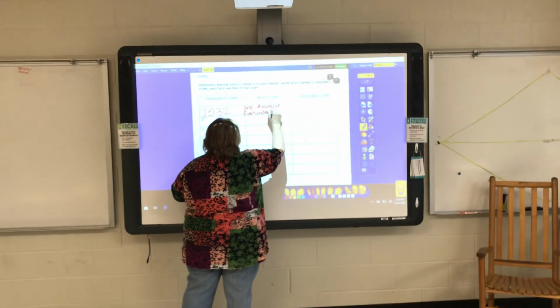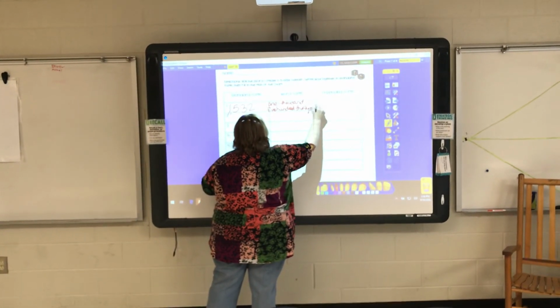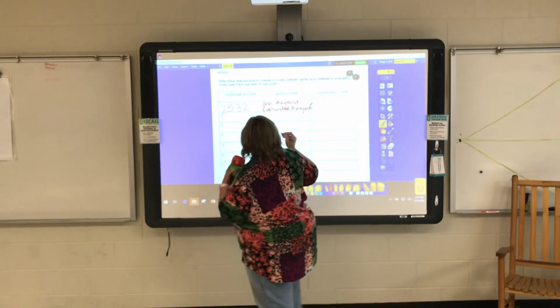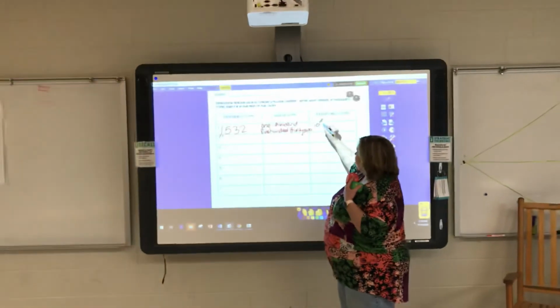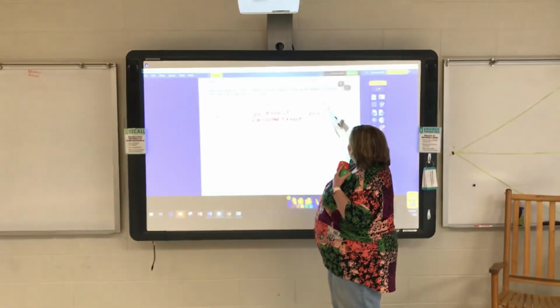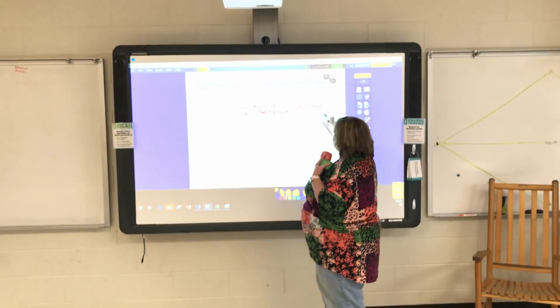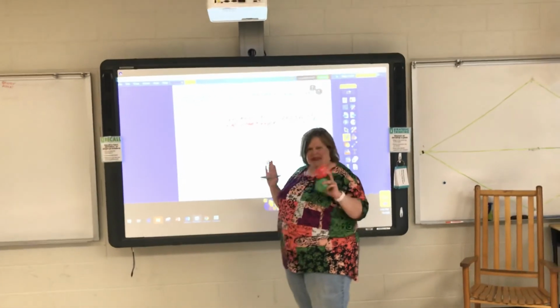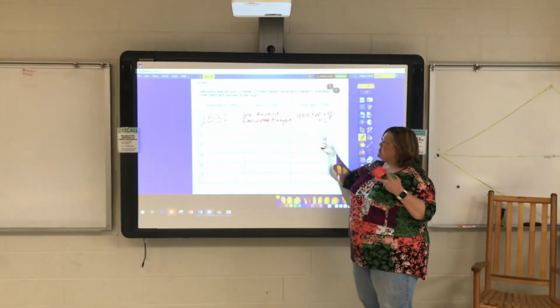And then the expanded form, I'll write it 1,000 plus 500 plus 30 plus 2. But that kind of gives you a game that you can play instead of just writing the numbers out. You can play a game with it.